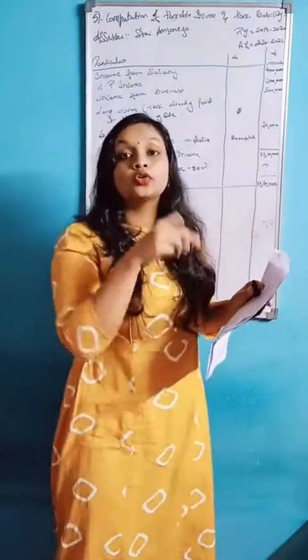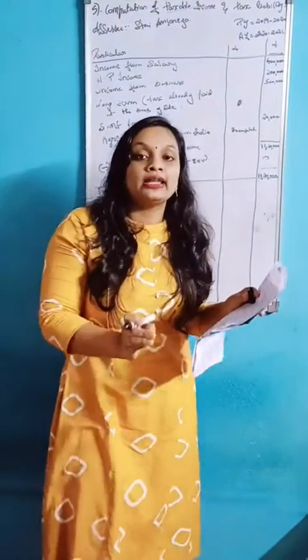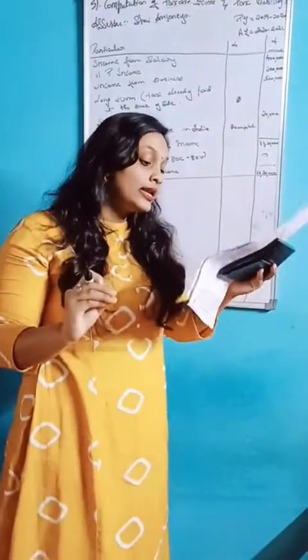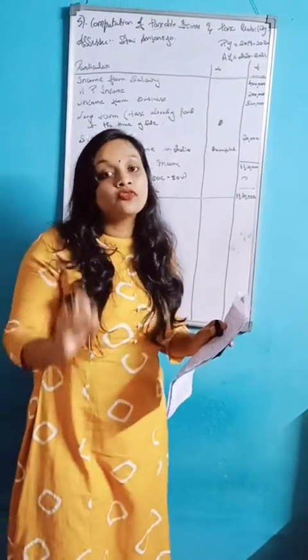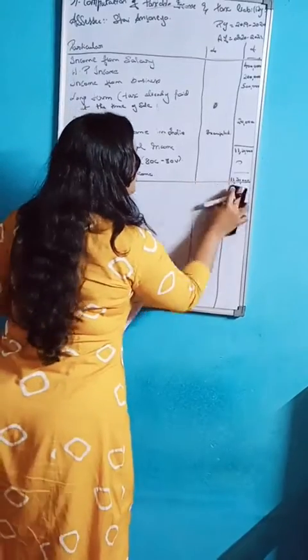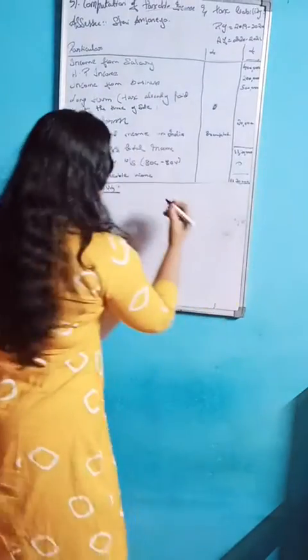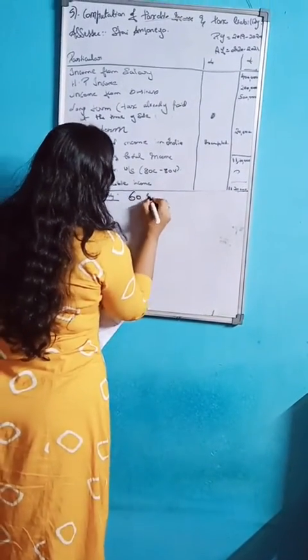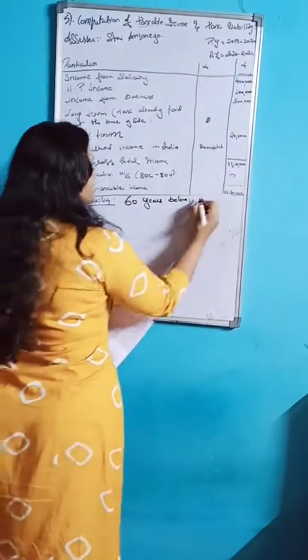That is 0 to 2,50,000 is nil, 2,50,000 to 5 lakh is 5%, 5 lakh to 10 lakh is 20%, and above 10 lakh is 30%. This is the format. So based on this format we should calculate. I'll just write it for your reference. Format if less than 60 years, below 60 years. Okay. The format is like this.